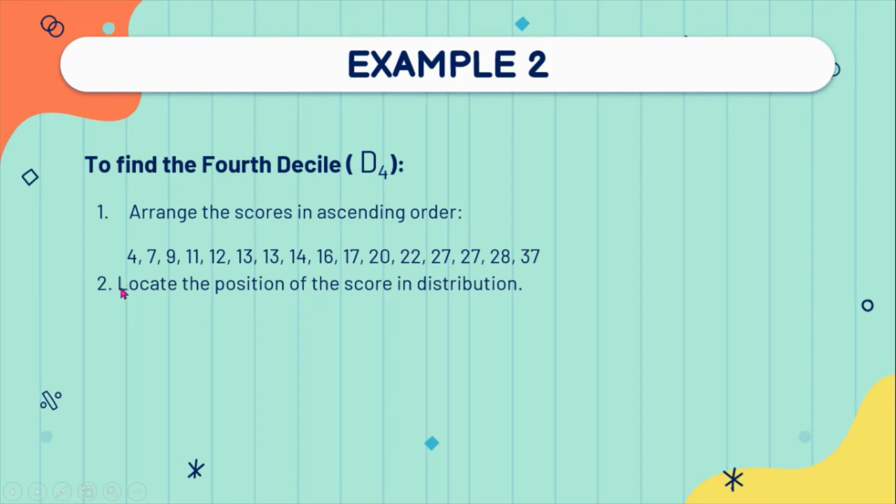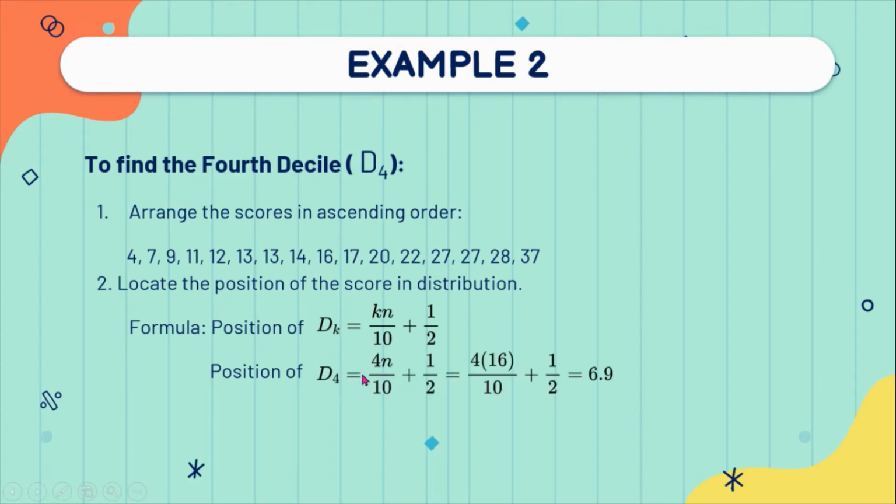Second, locate the position of the score in the distribution. Using this formula, the position of the decile is equal to kn over 10 plus 1/2. Our k here is equal to 4 since we are looking for the fourth decile. So D sub 4 is equal to 4n over 10 plus 1/2. Our n is 16 since we have 16 scores.